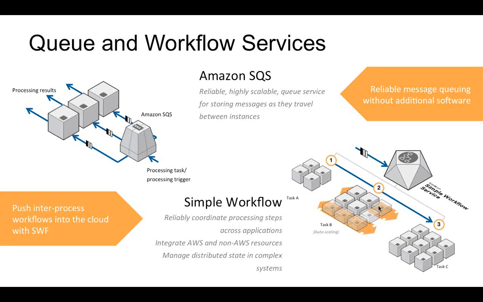So let's say that you have some work in a queue, a worker picks it up, but then it dies. It can happen. What happens to the message that the worker was working on? Well, you can set a visibility timeout. When this time passes, the message goes back into the queue. And then another worker can pick it up and continue working. The SQS is a highly reliable, highly scalable queue service that lets you do this.